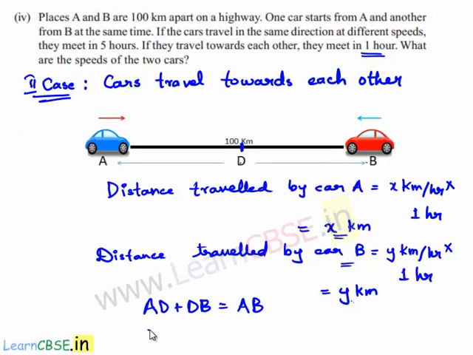AD is x kilometers and DB is y kilometers and AB is 100. So let this be equation number 2. So we have obtained the two equations, that is x minus y is equal to 20 and x plus y is equal to 100. Let us solve both of these equations and find the values of x and y.